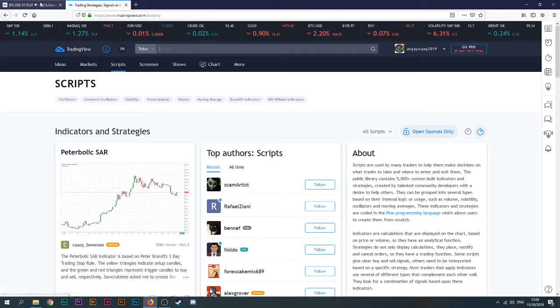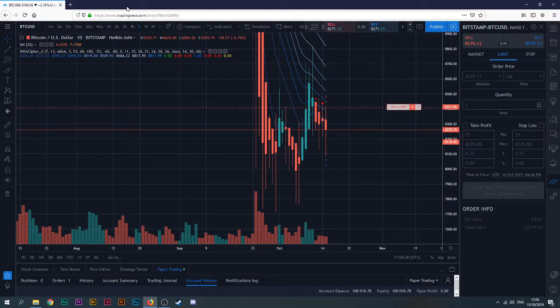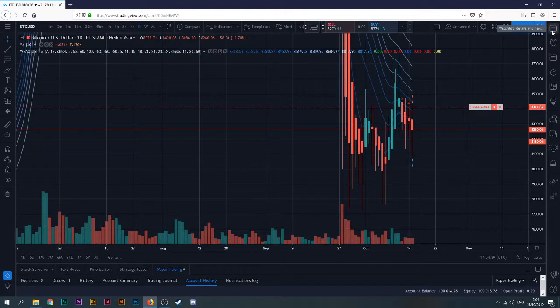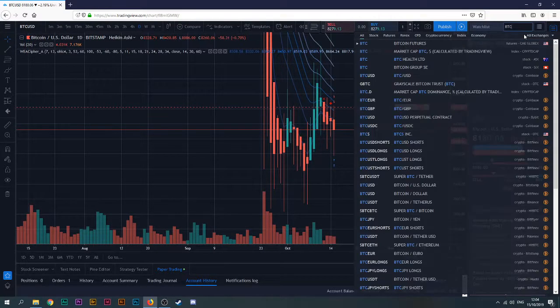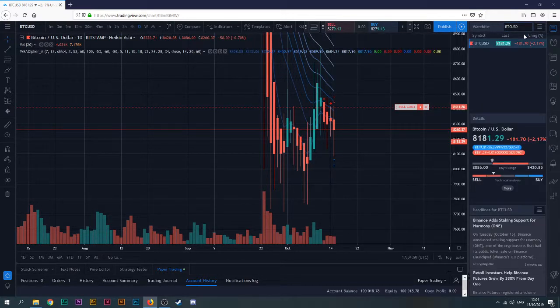Then you go to chart, click chart, you'll get a chart. Now over here you want to look for Bitcoin, Bitstamp. So on the watch list you type in Bitcoin, BTC, and you could also go USD.